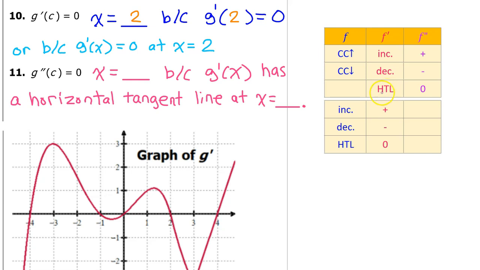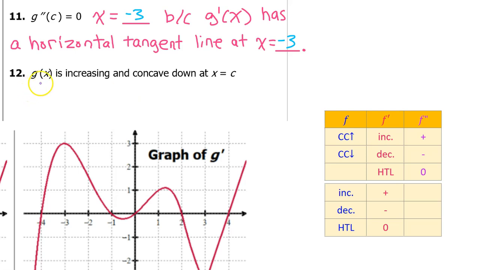Remember, you're not allowed to say HTL, so you're going to have to spell it out like this. G prime has horizontal tangent lines at -3, -0.5, and 1.3. I'm going to choose -3. So x equals -3 because g prime of x has a horizontal tangent line at x equals -3.